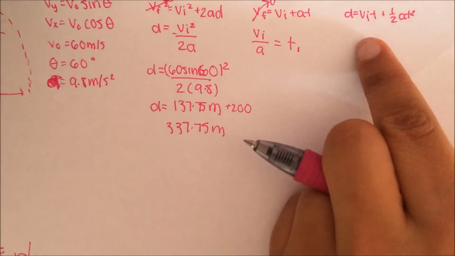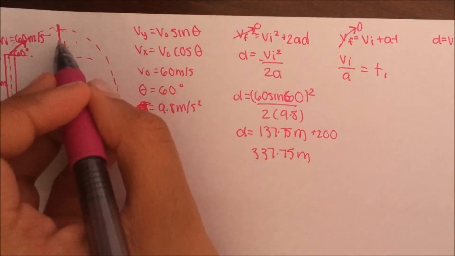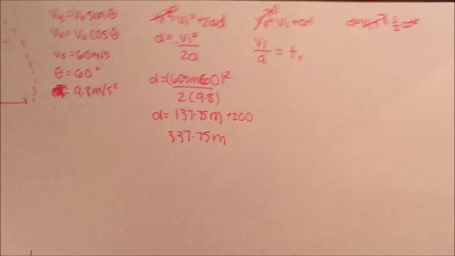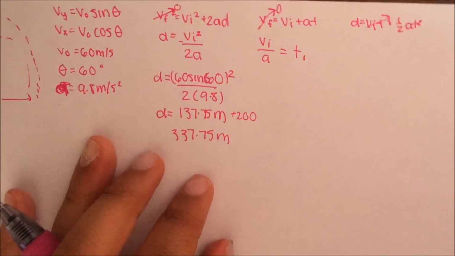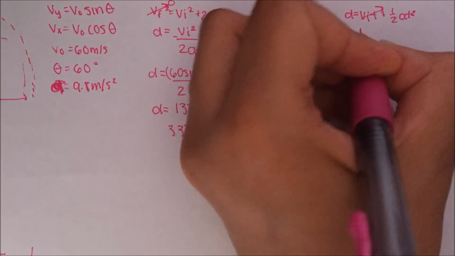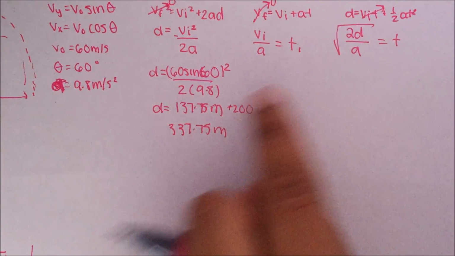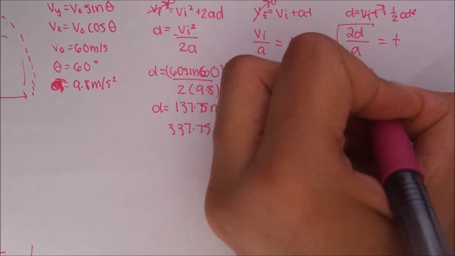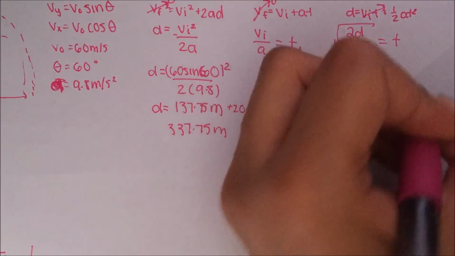Then we're going to use this equation right here to solve, again, from this point. The initial velocity is 0, so this cancels out, and you're going to solve for the time for this component right here. For that component, your time is going to be the square root of 2 times the distance, 337.75, divided by 9.8.